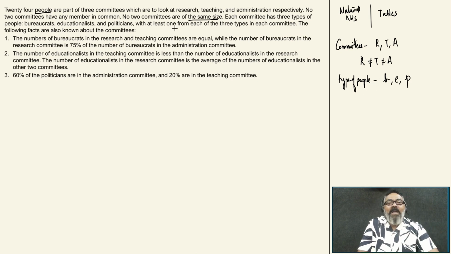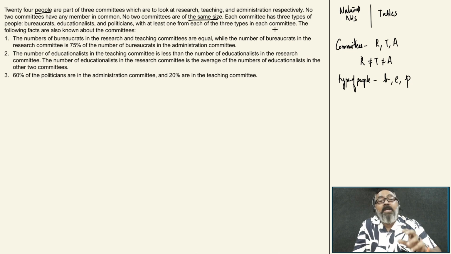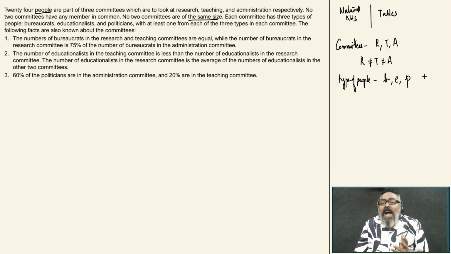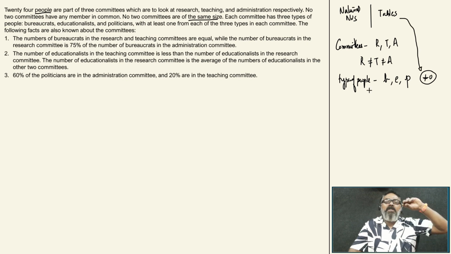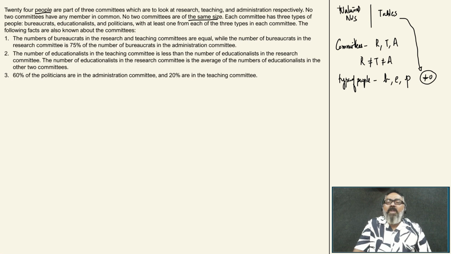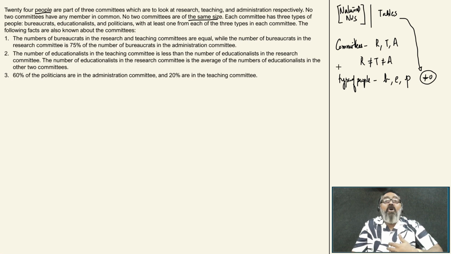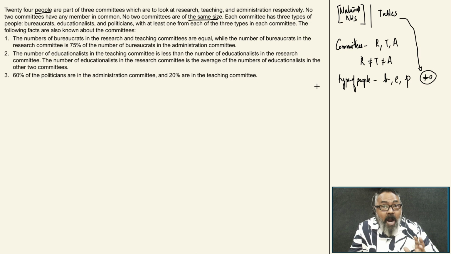Right, with at least one from each of the three types in each committee, which means I cannot see zero anywhere in this table. Zero as a value is not allowed. We are strictly dealing with natural numbers. We are not dealing with whole numbers. Right? We can't take the value zero. It has to be greater than zero.